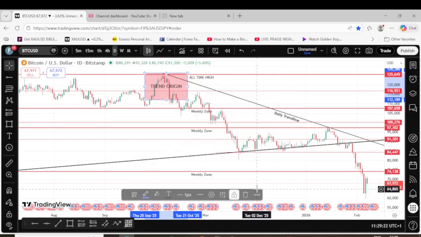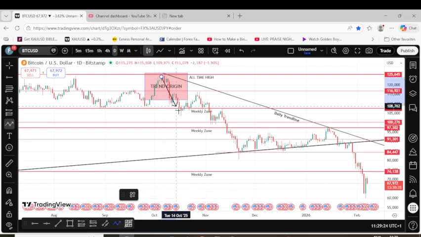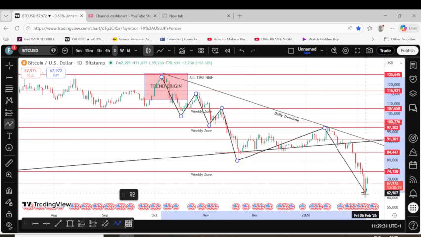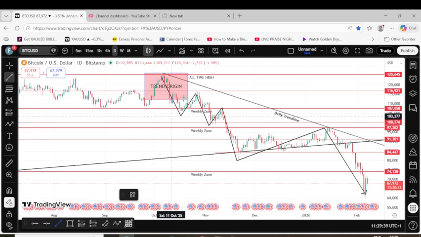So this is the trend origin, and then our market structure will go something like this: impulsive, correctional, impulsive, correctional, impulsive, correctional, impulsive. So currently, based on my analysis of market structure, price is in a downward trend on the daily time frame.